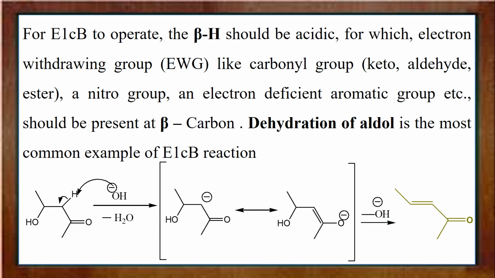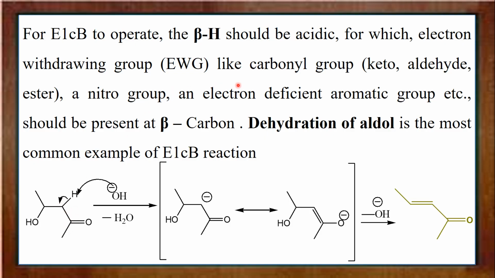For the E1CB mechanism to operate, the beta hydrogen should be acidic. To make this hydrogen acidic, there should be some electron withdrawing group present on the beta carbon.